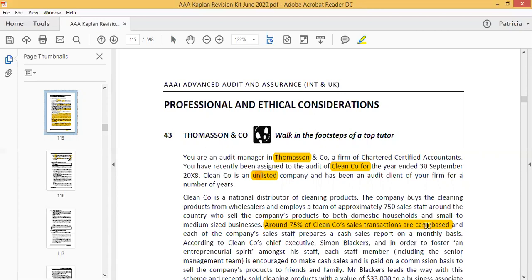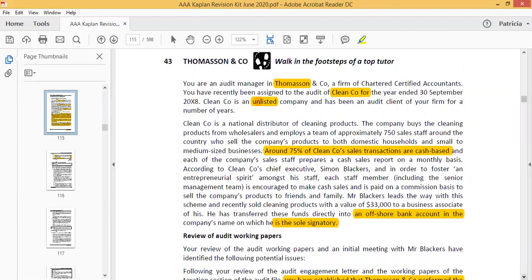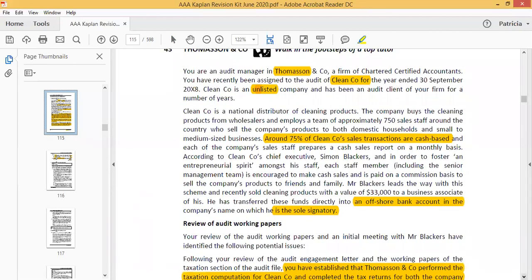So here, to be specific about the indicators, you can talk about Mr. Blacker's case, which I highlighted again to show Mr. Blacker's sale to a business associate for 33,000. You should say that this is an example of placement, because we know placement is mixing the illegal cash proceeds with legitimate cash receipts.